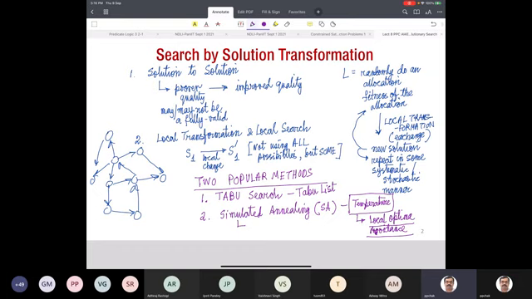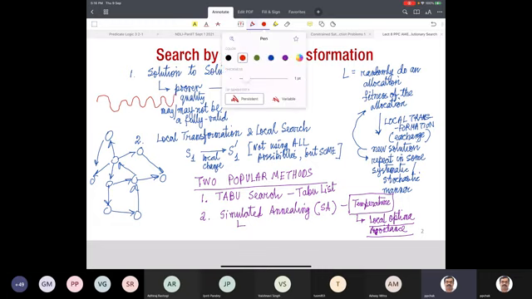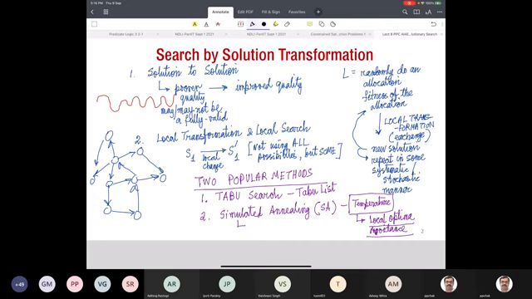Have you understood? Let me explain this with a small diagram. Suppose this is your optimization function space with local transformations, and you are here. If you apply this one, you will go down. By gradient descent, you are going to the lowest possible.